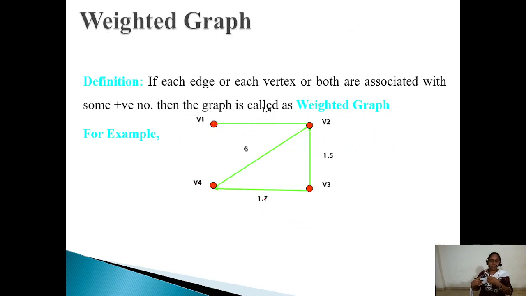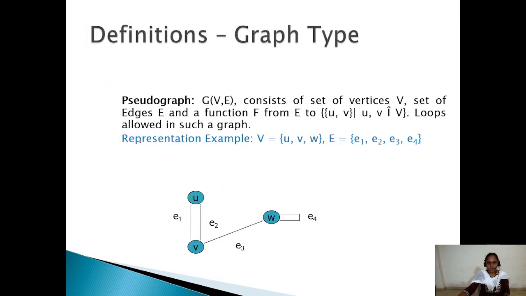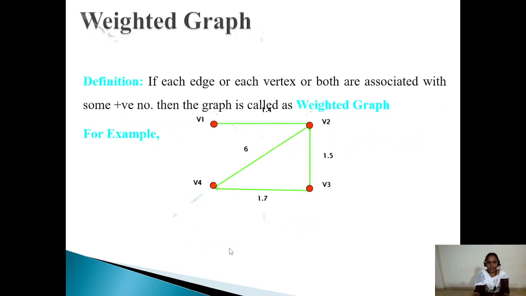What is weighted? Before this, one example: this is the pseudograph. A pseudograph has no weight, meaning U to V, how much weight, V to W, how much weight. A weighted graph means each edge or each vertex is associated with some weight. This is the weighted graph.